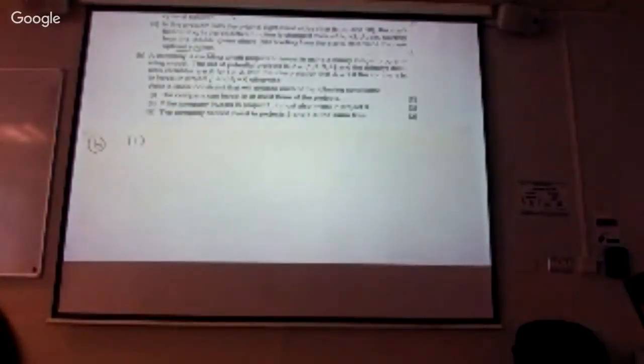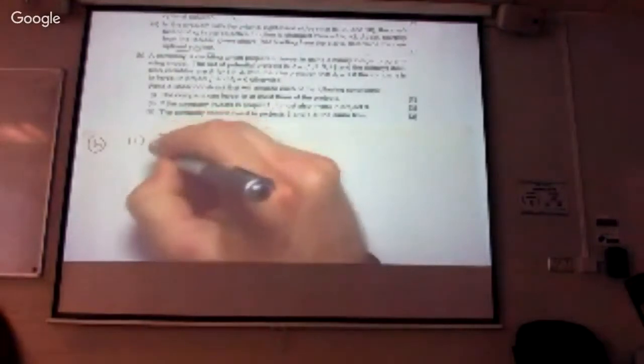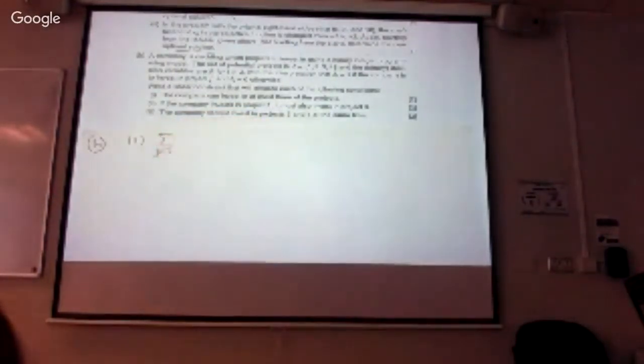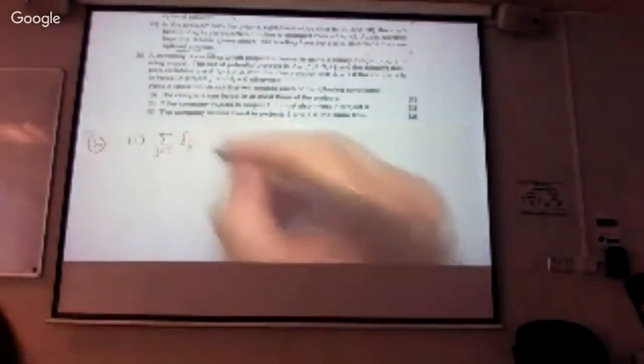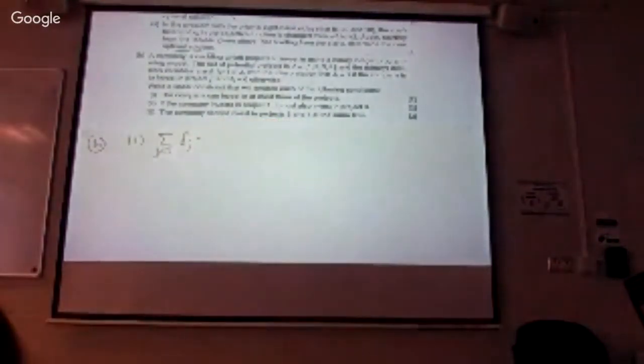What's the question? We're deciding which projects to invest in. At most 3 of the projects. What would you write? Alice, you look happy. Got the answer. Equals 1.